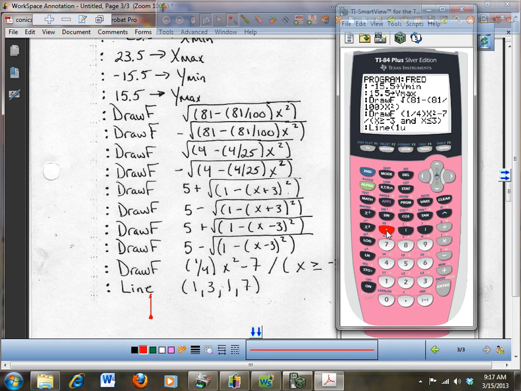Oh, sorry. It's in draw, yeah, okay. So this line's going to go from the point 1, 3 to the point 1, 7, okay? And then you close the parentheses, and that should draw a line between those 2 points.